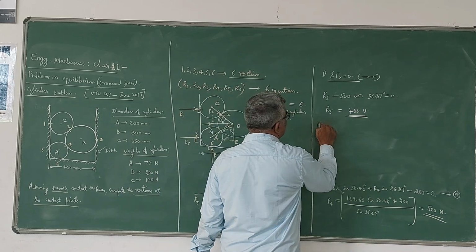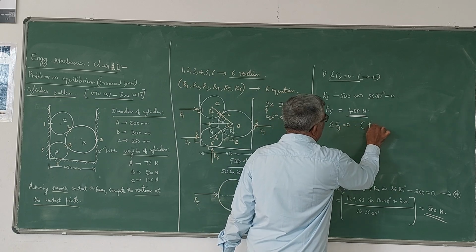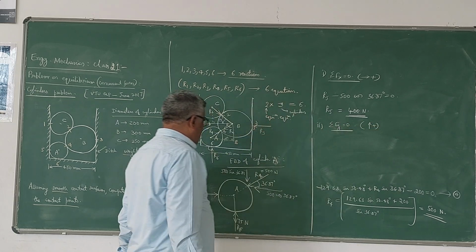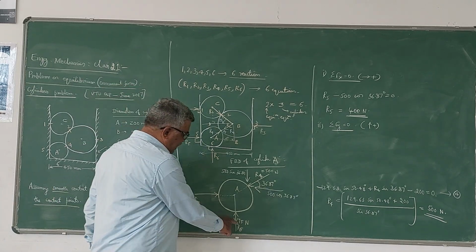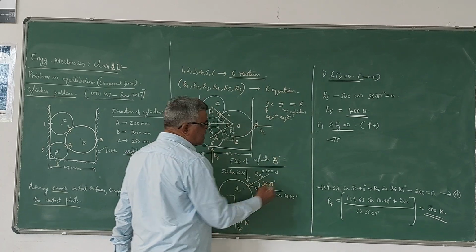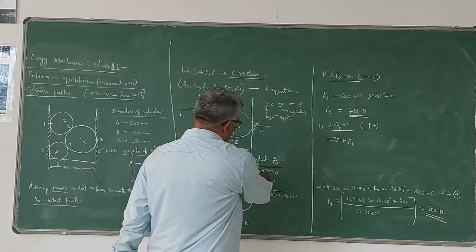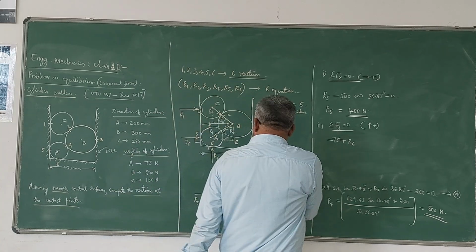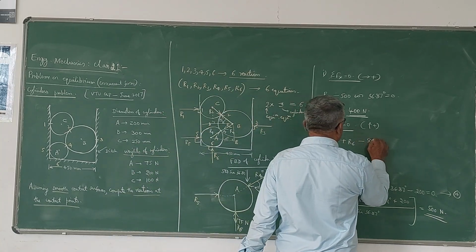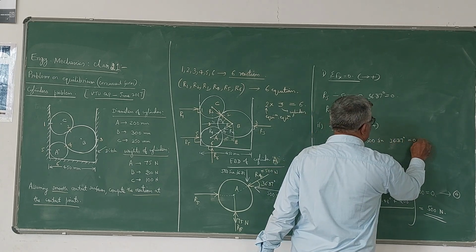Then lastly we can get sigma Fy equal to 0, with upward positive, downward negative. Here weight is 75 Newton acting vertically downward, but reaction R6 is upwards, plus R6. Then the vertical component of this is acting downwards, so minus 500 sin 36.87 degrees is equal to 0.